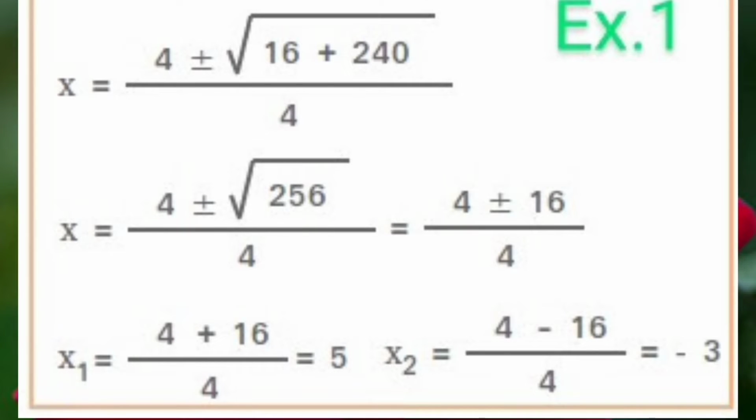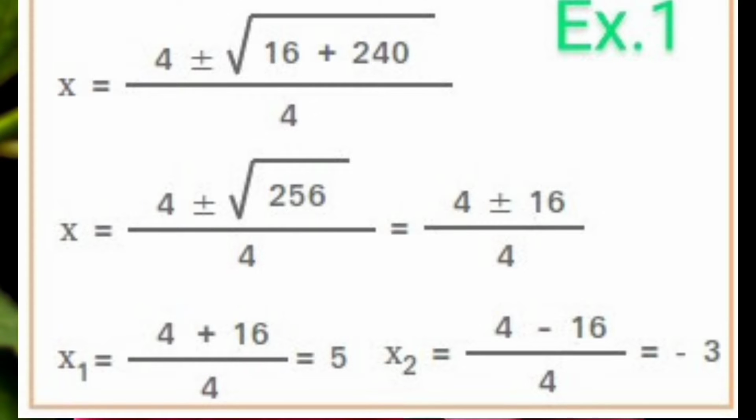x equals 4 plus or minus the square root of 16 plus 240, all over 4. x equals 4 plus or minus the square root of 256, which equals 16, all over 4.